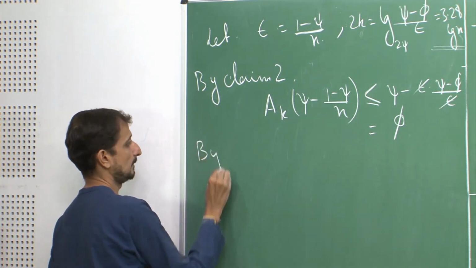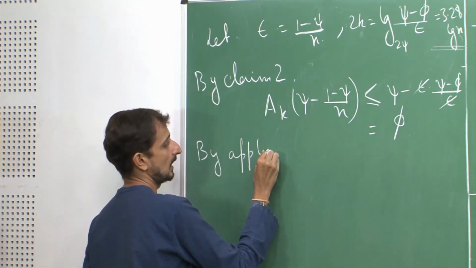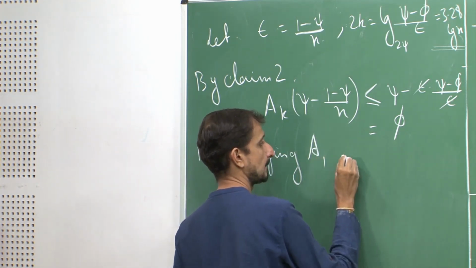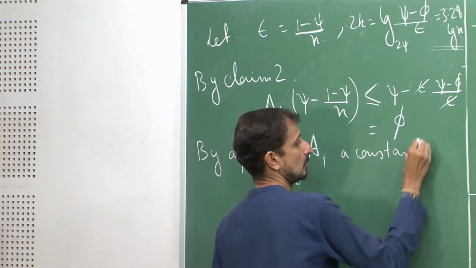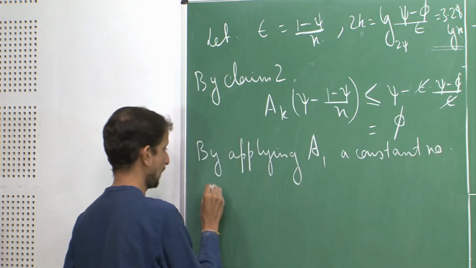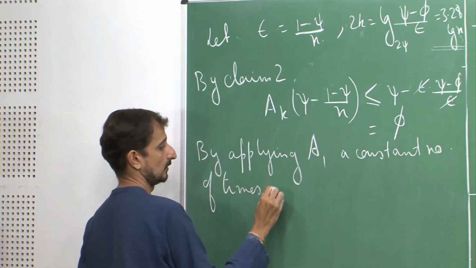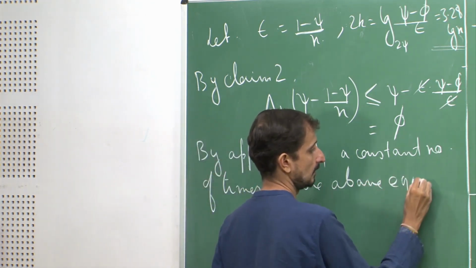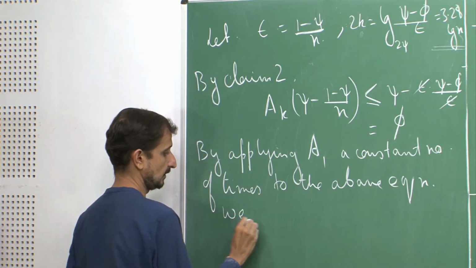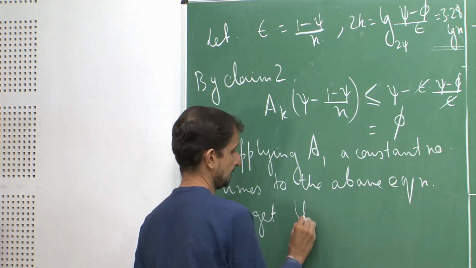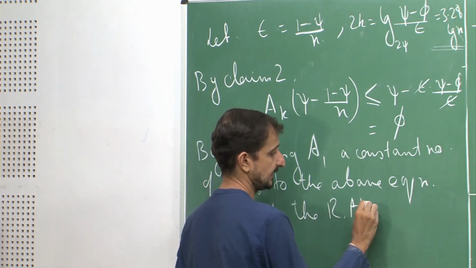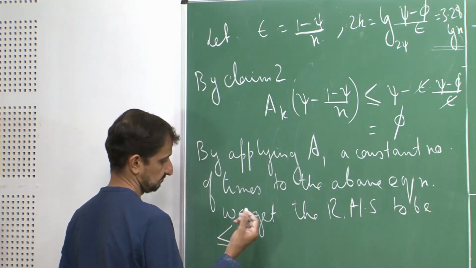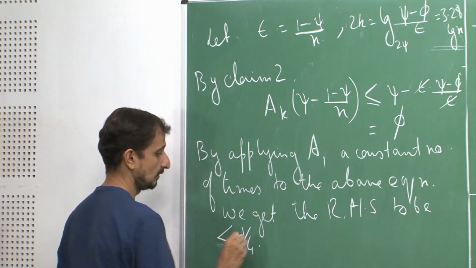So, by applying A1 a constant number of times to the above equation, we get the right hand side to be strictly less than 1/4.